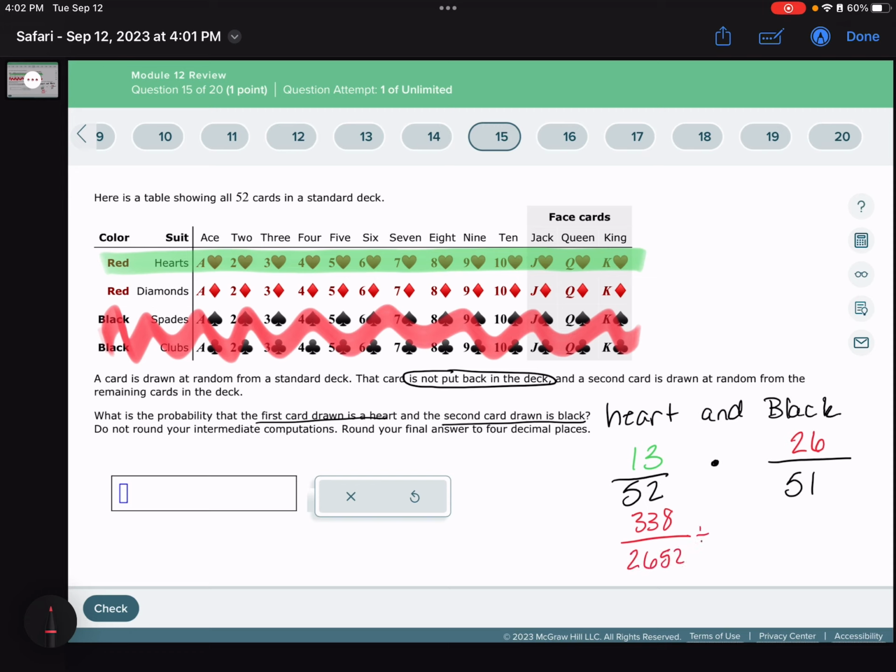Remember, in a fraction, that line just means to divide, so 338 divided by 2,652, you get 0.12745, 4 decimal places. 1, 2, 3, 4. The 5 is going to round that 4 up, so 0.1275.